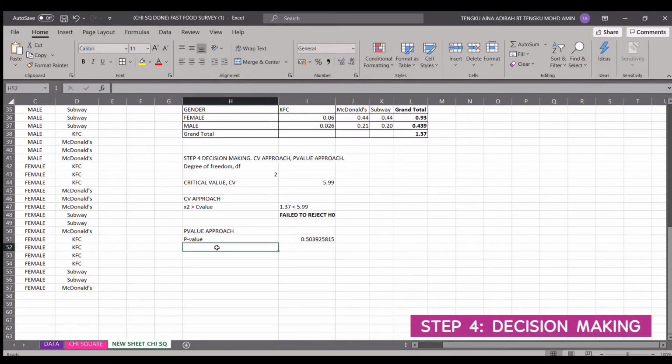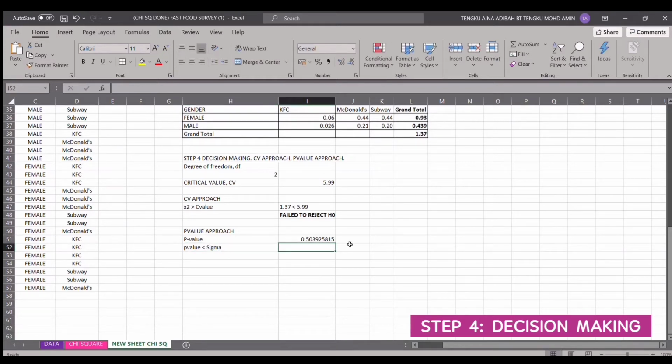To study whether this p-value means we reject H0 or fail to reject H0, we have to investigate: the p-value must be less than sigma to be able to reject the H0.